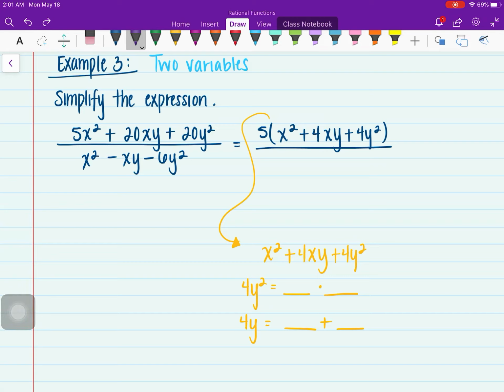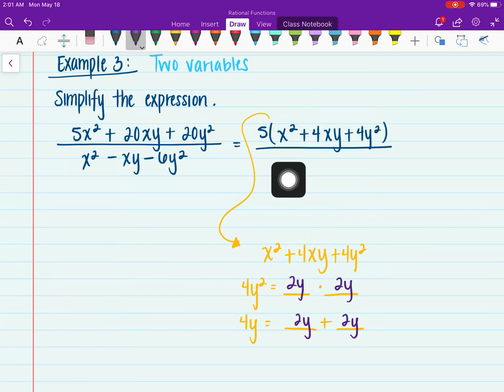I could think of the terms as 2y and 2y. If you multiply those two, we get 4y squared, and if you add them, we get 4y. So our factors would be 2y on each.